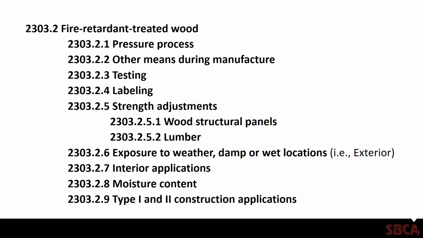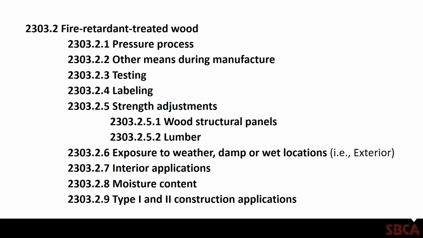So section 2303.2, fire retardant treated wood, has several subsections. 2.1 discusses if the fire retardant treatment is a pressure process, where the wood materials are put in a cylinder and, through pressure, the treatment is impregnated into the wood. 2.2 includes other means during the manufacture of the product.